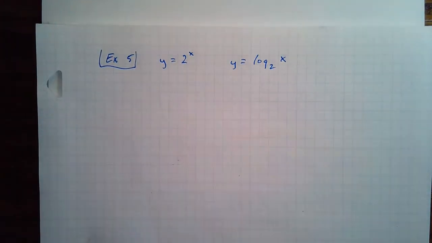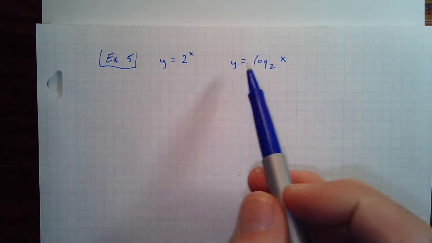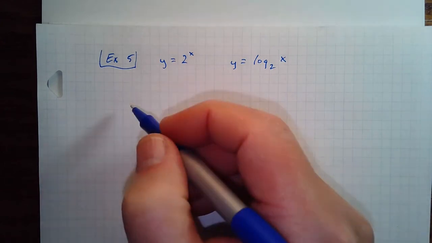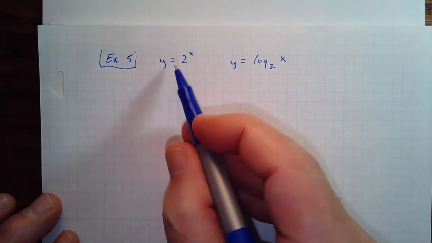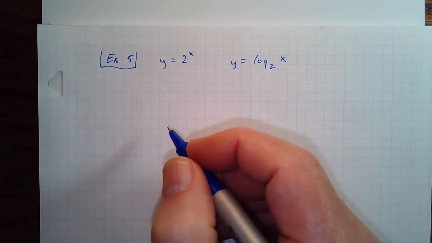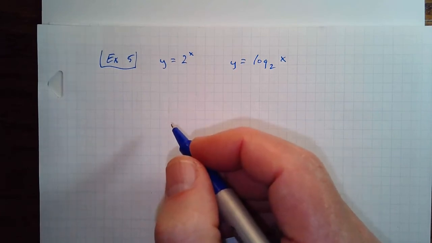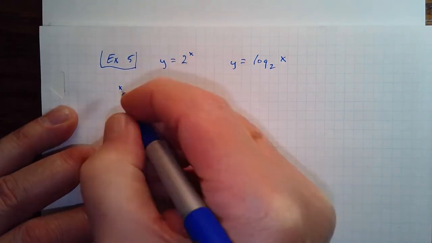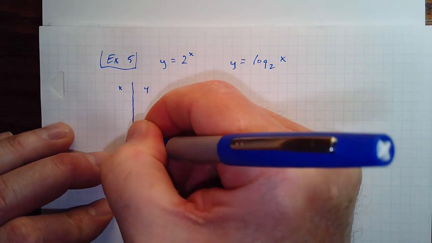These two functions are inverses of one another. So if I graph and get ordered pairs from this first one, then I can just switch the x and the y to figure out the new graph. So I'm going to just pick some easy x's and y's for this first one.